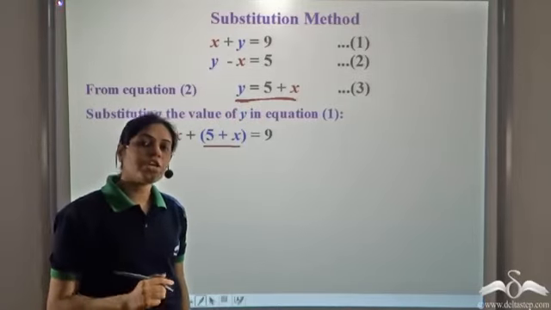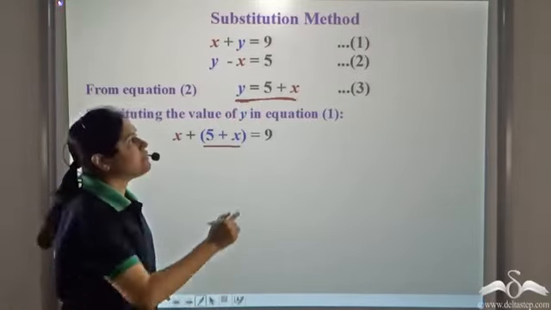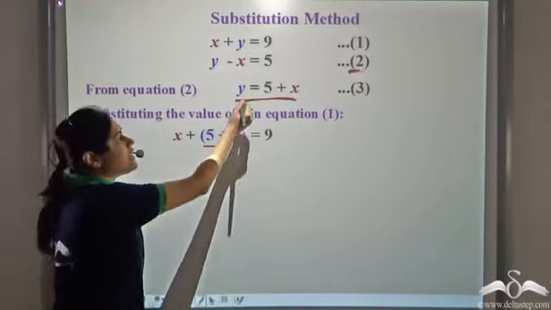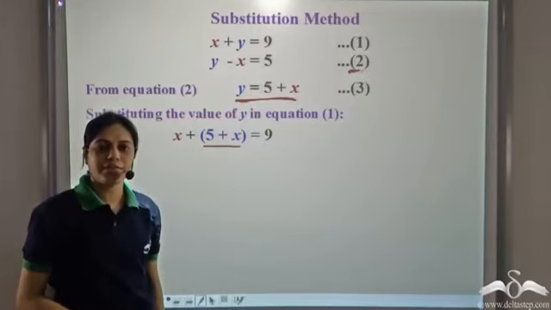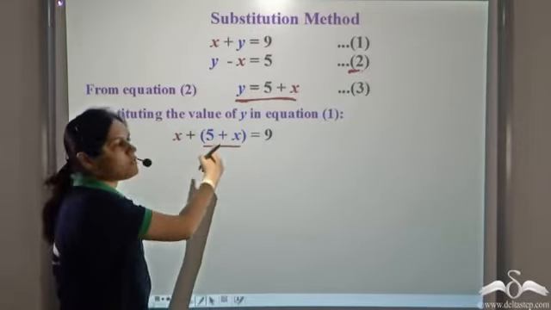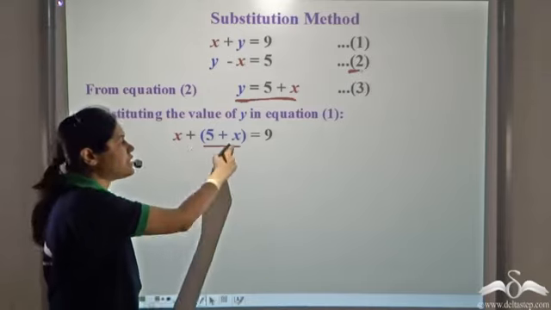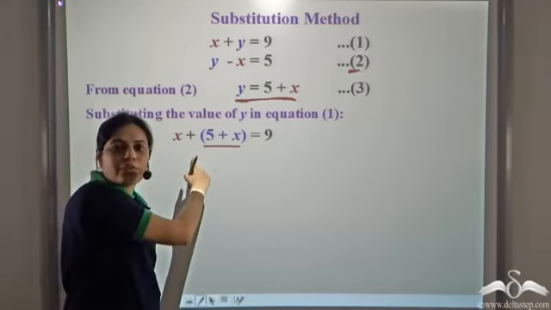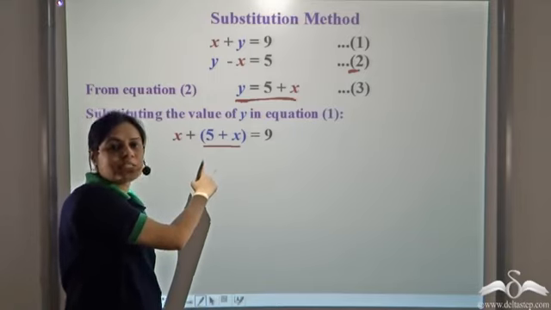And we have substituted it in equation 1. Now we can solve this equation because it is a linear equation in one variable x. Now we can solve this equation and get the value of x.